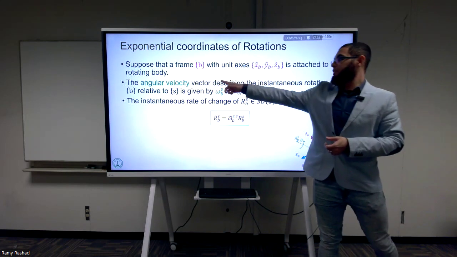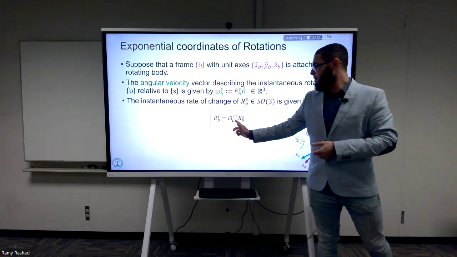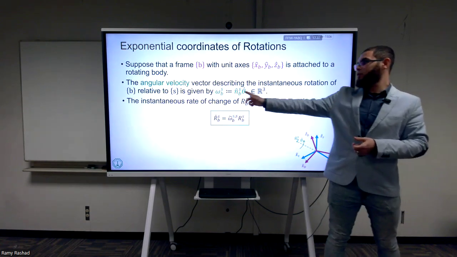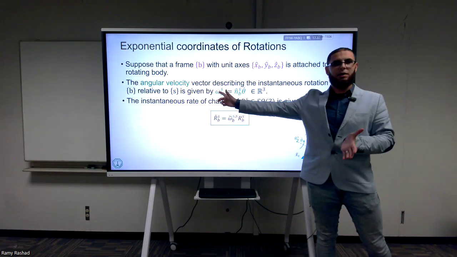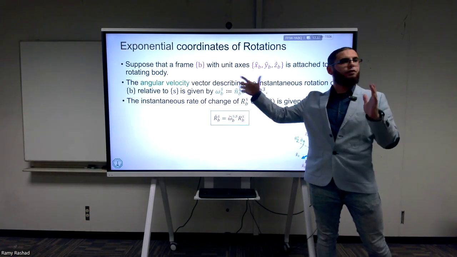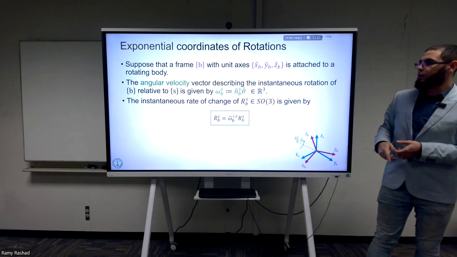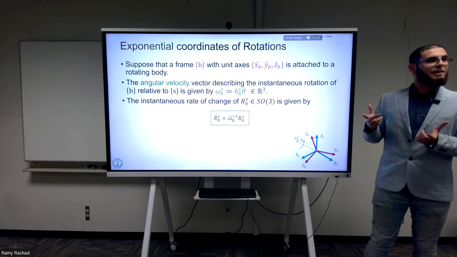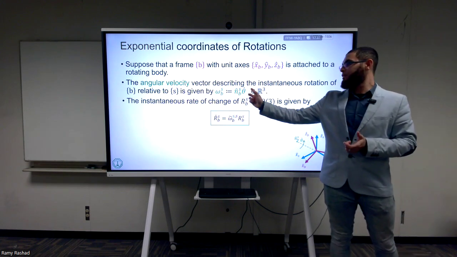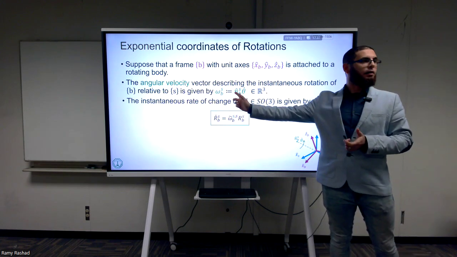The angular velocity vector, which is omega b with respect to s, and when we write it without the third frame, what does that mean? It's coordinate free, the abstract vector, right? So this vector that you see here in the figure, we can represent as the multiplication of a scalar and a unit vector.